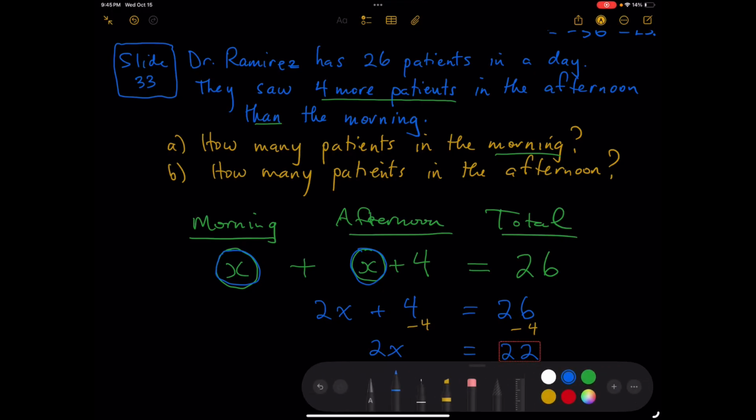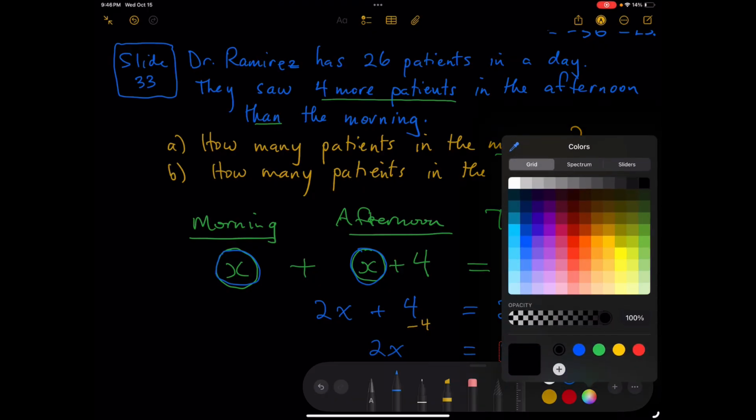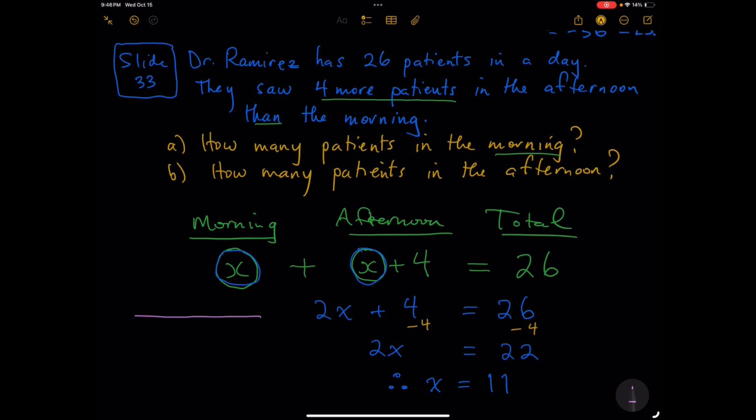Okay? Just for fun, I'm going to get some fancy colors here. Let's go with a pink here. Nice. That last equation, 2x plus 4, is kind of like this. You know, we had an x, and a 4. And that has to equal 26.